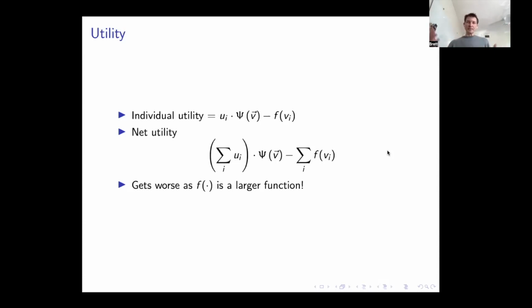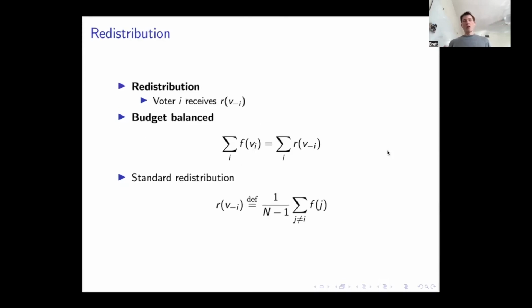If you have to pay more to vote, that money should go to something. And so all of the previous works consider some kind of redistribution. People pay to vote, and then all of that money is redistributed back. And it turns out that in our work and in all the previous works, it really doesn't matter that much how it's redistributed back, as long as it satisfies a couple of things.